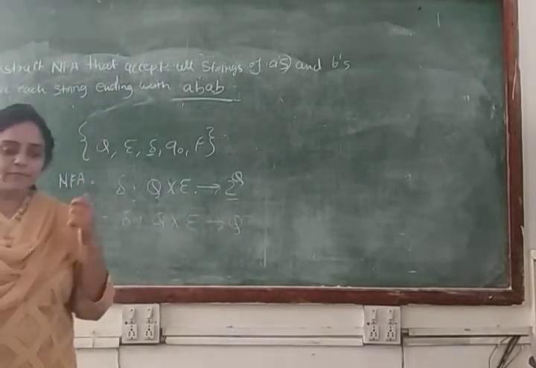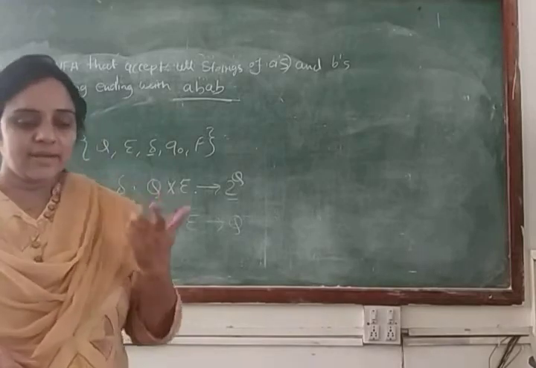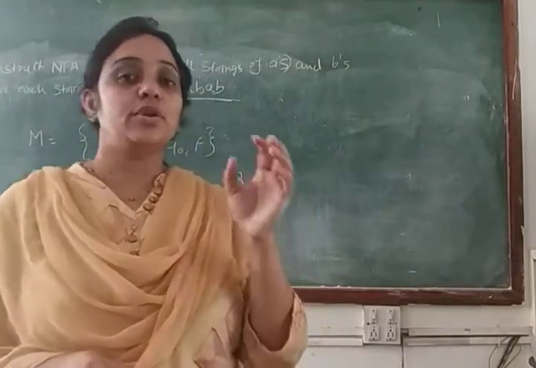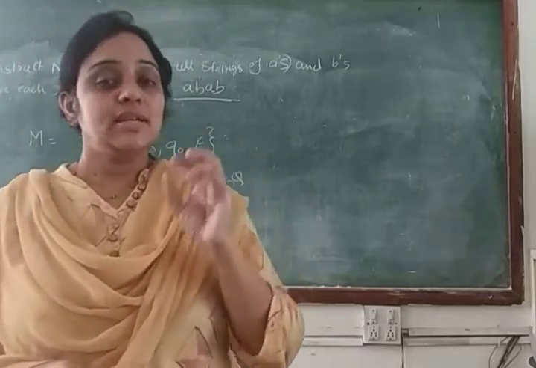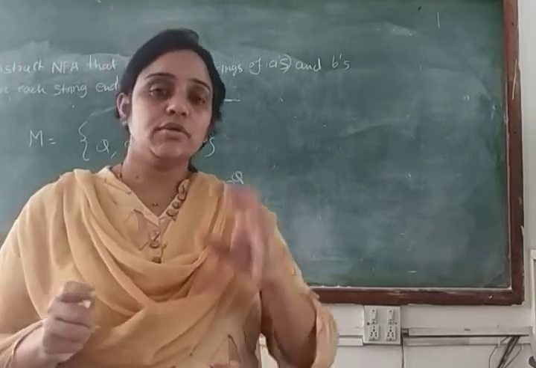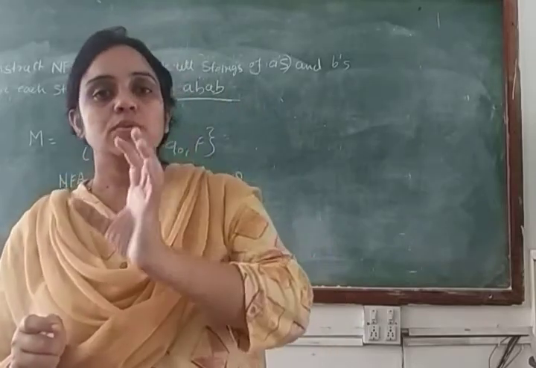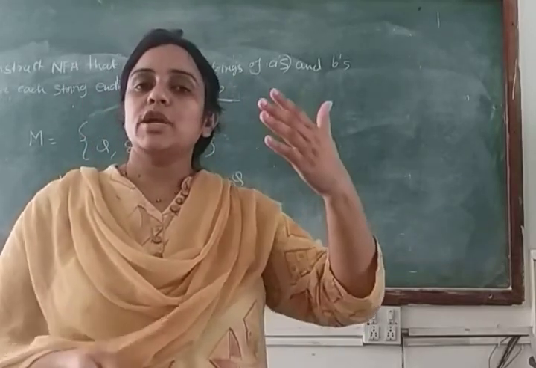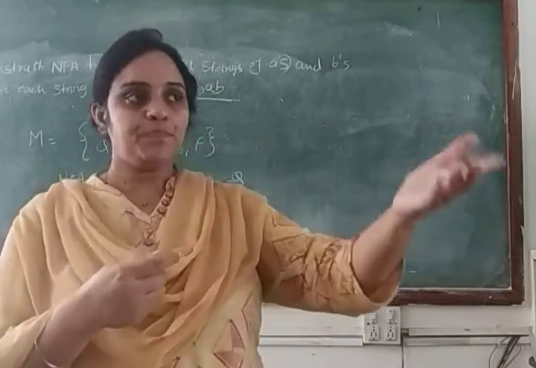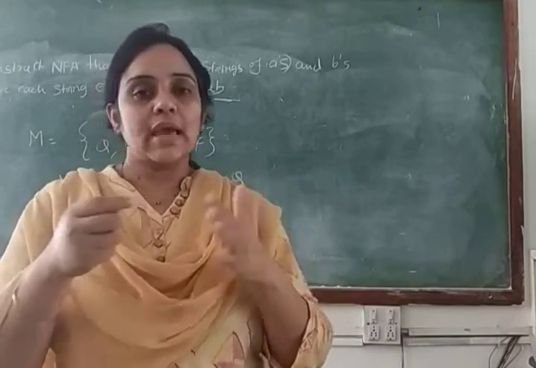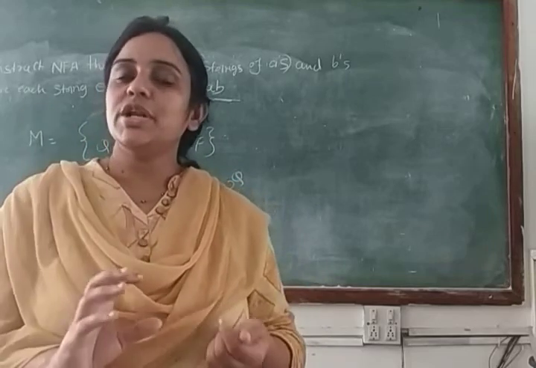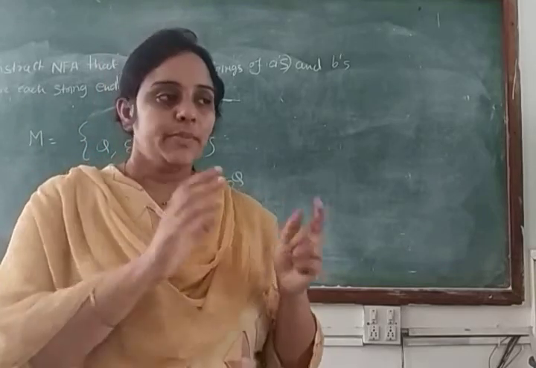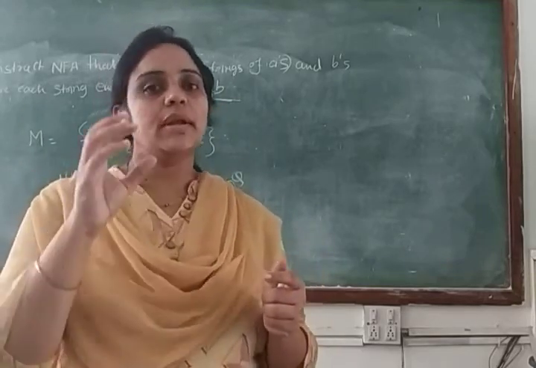But when we solve problems, you will see NFA is easier than DFA. Why? Because in a DFA, whenever you make a transition from every state using every input symbol, your machine has a condition for violation. Suppose you are making a machine for a particular language.